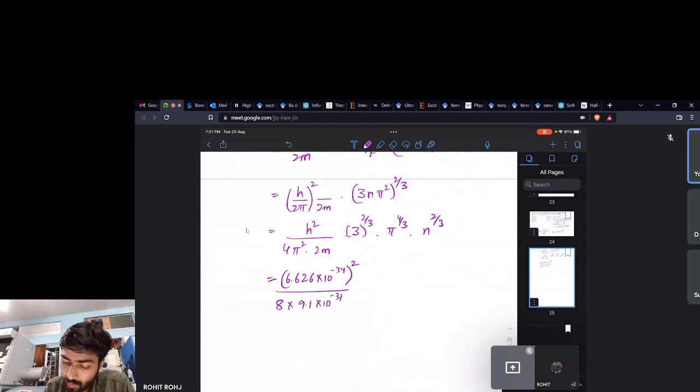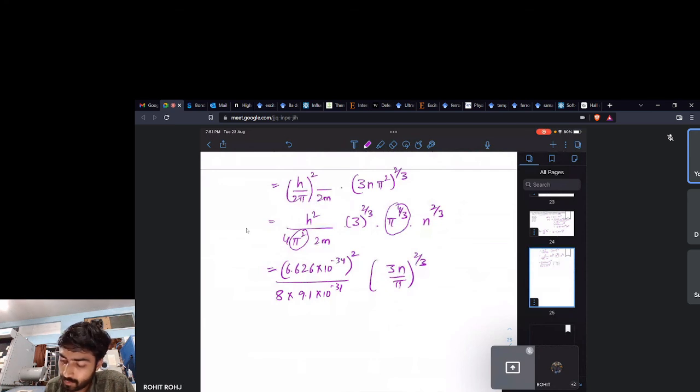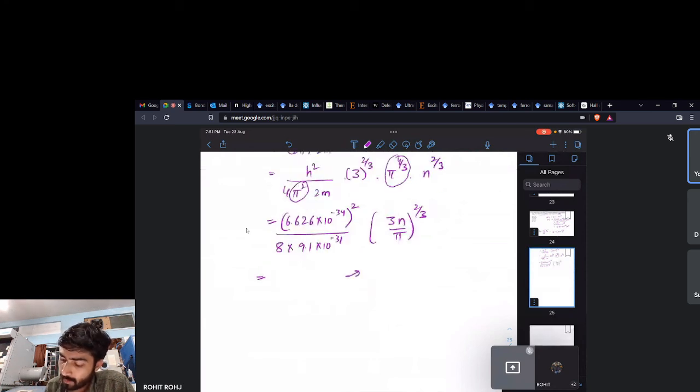And this pi square and this 4 by 3, if you work out, gives me pi raised to the power minus 2 by 3, which I can write as 3n by pi, the whole raised to the power 2 by 3. So I'll solve this part first: 3 multiplied by 5.85 multiplied by 10 to the power 28 divided by 3.14, raised to the power 2 by 3.